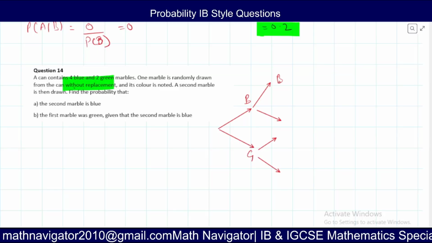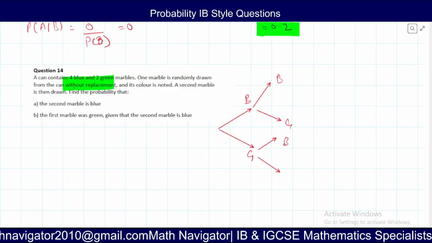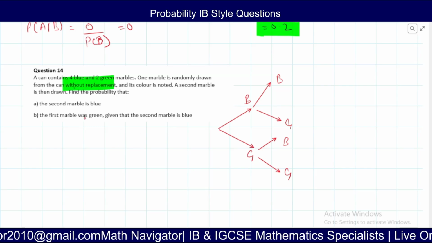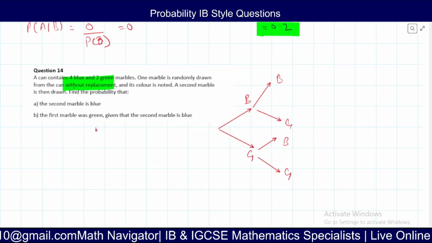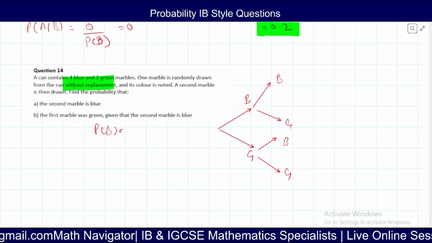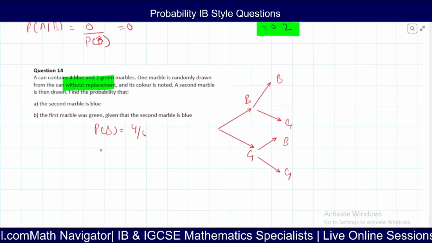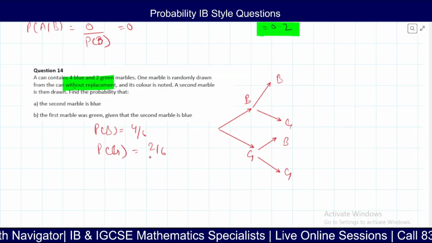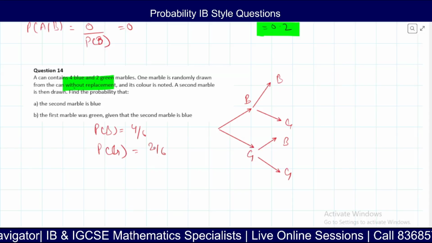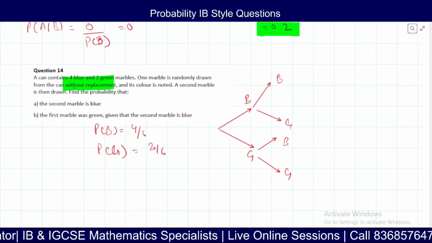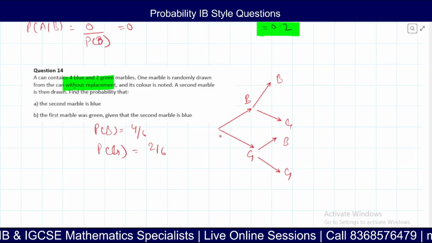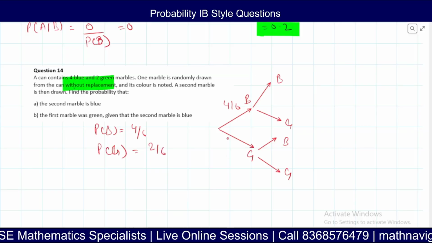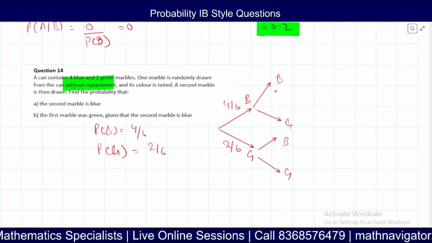So 4 and 6. So probability of blue is equal to 4 by 6, and probability of green is equal to 2 by 6. I'm leaving it like this, not converting into fractions, because else it can get confused.